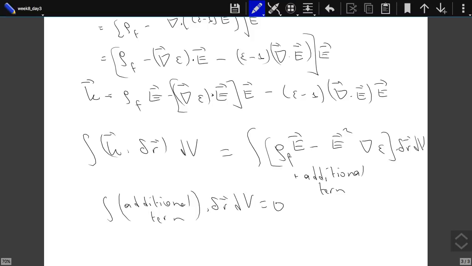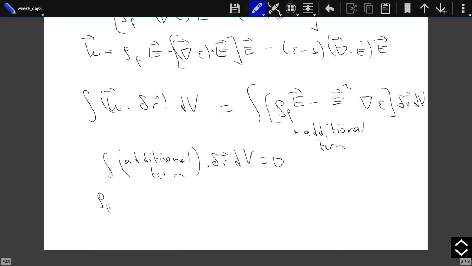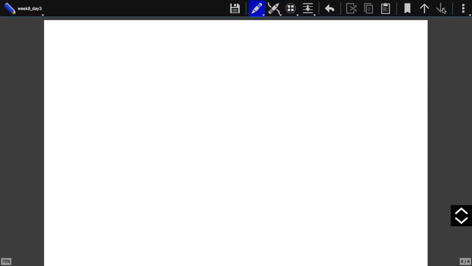Furthermore, rho free E minus E squared gradient of epsilon plus the additional term is parallel to E. This is what I would like to check while you are doing your exam. Anyway, so there's still this problem, this thing that we didn't yet understand. So let's leave it for the time being.